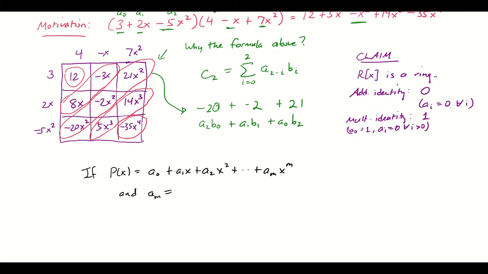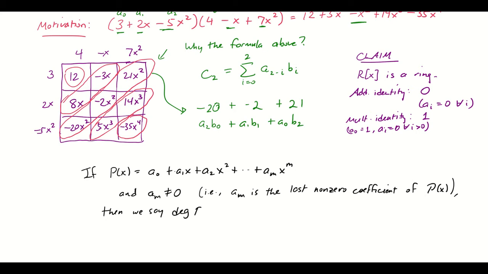and a sub m is non-zero, that is, a sub m is the last non-zero coefficient of p of x, then we say the degree of p of x is equal to m.